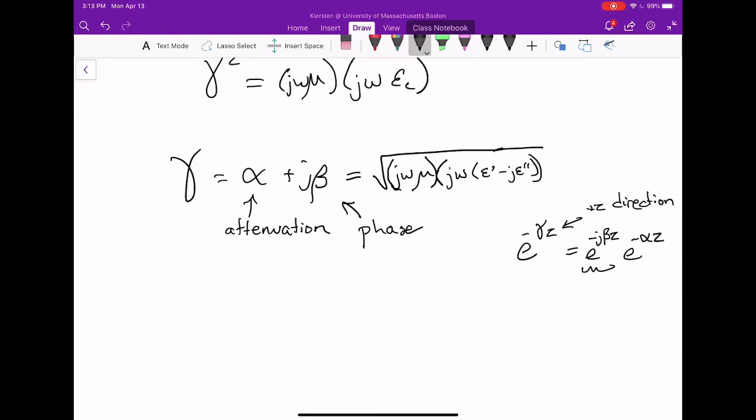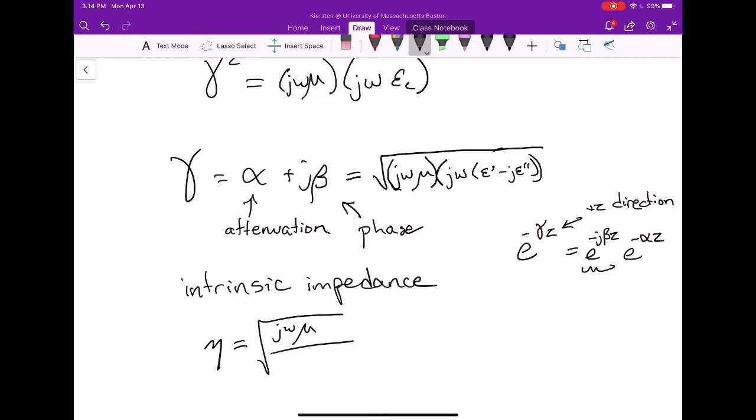Now, this stuff is all true in general, and we can also define an intrinsic impedance for lossy media, where that eta now becomes the square root of j omega mu divided by the square root of j omega epsilon prime minus j epsilon double prime.